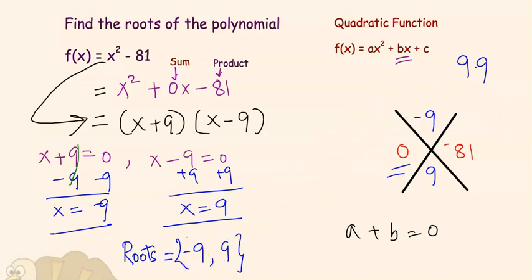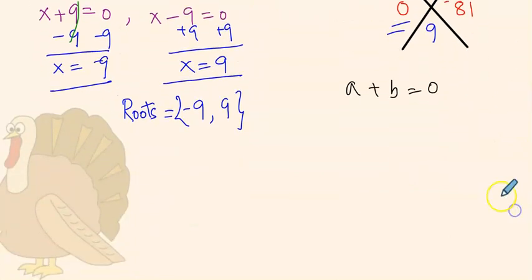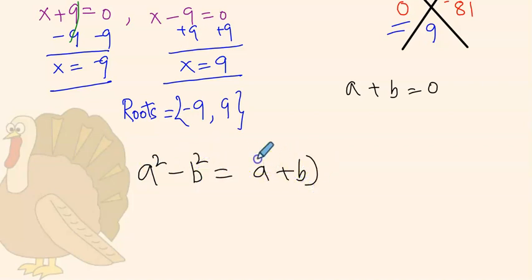Okay. So let me show you another method. I have a formula, right? An identity, in fact, a square minus b square is equal to a plus b times a minus b. That is the difference of squares.